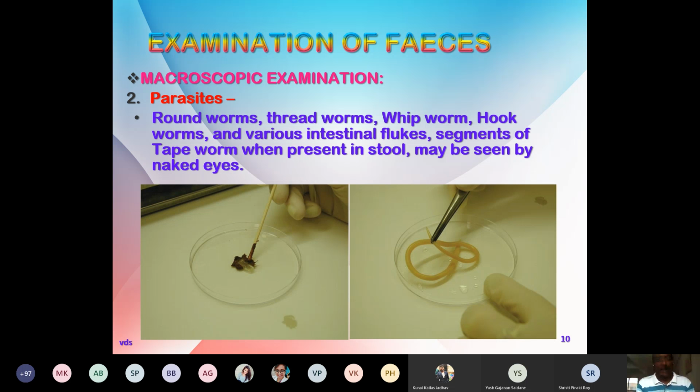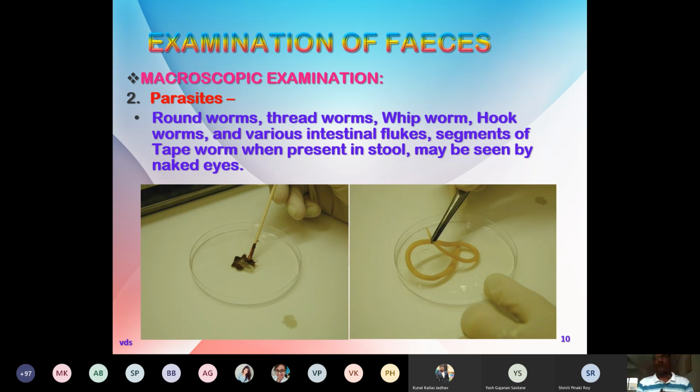We can collect it, place it onto a slide, and go for the microscopic diagnosis of the particular species. We have studied the different morphological details which we are supposed to observe, particularly with respect to the reproductive system, the number of testes, the number of uterine branches. These are important for identification of the species.